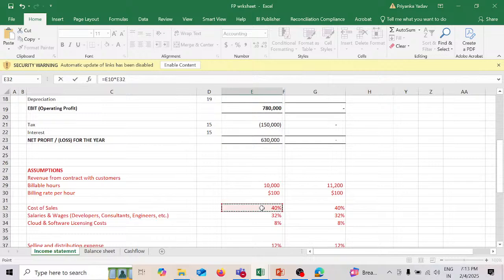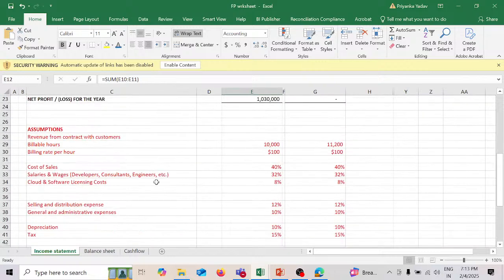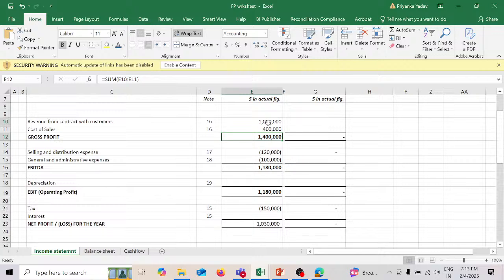In case you have a bifurcation of this cost of sales into elements like salaries and licensing cost, then you can multiply the revenue with the respective rates. I have totaled this up. This is 40%, and I am directly taking the percentage of the revenue.